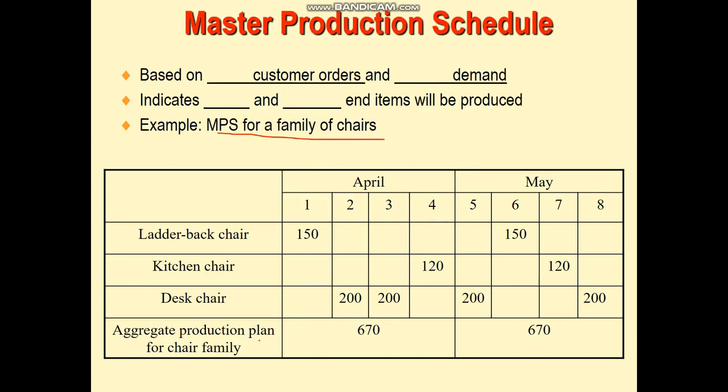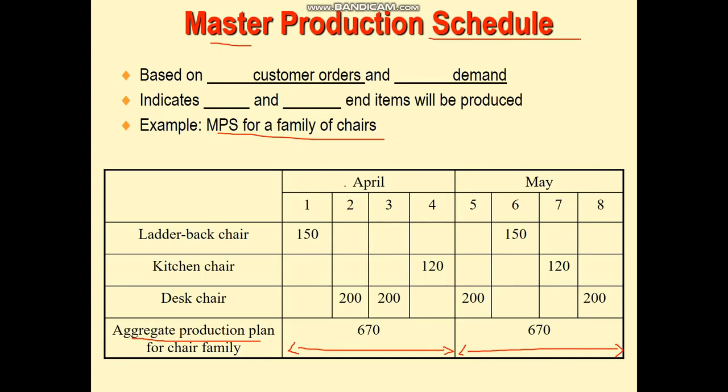So look at this one. Based on the known customer orders and the forecast demand, and also the aggregate production plan for the chair family, we can see the aggregate production plan is monthly, made for monthly demand. For example, in April they need to produce 670 chairs, and in May we need to produce 670 chairs as well. But for the master schedule, we will make the schedule by week.